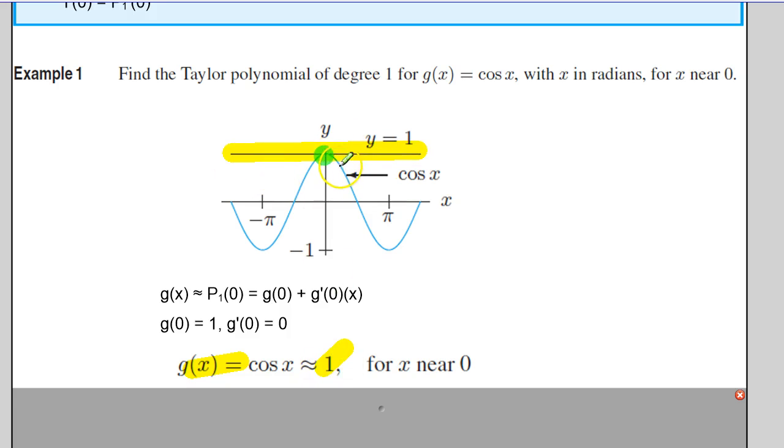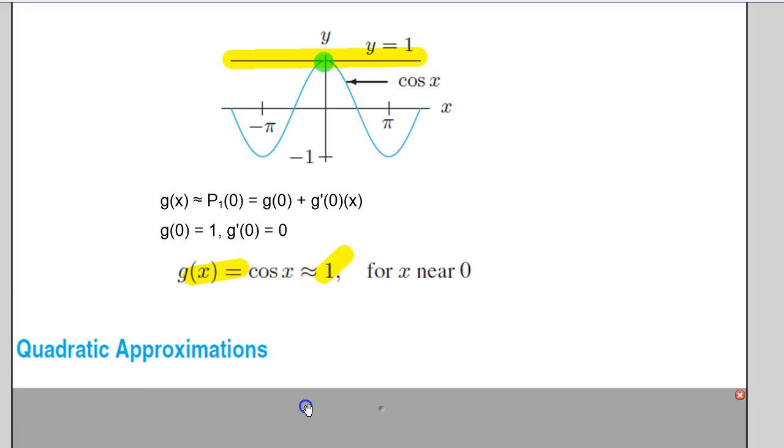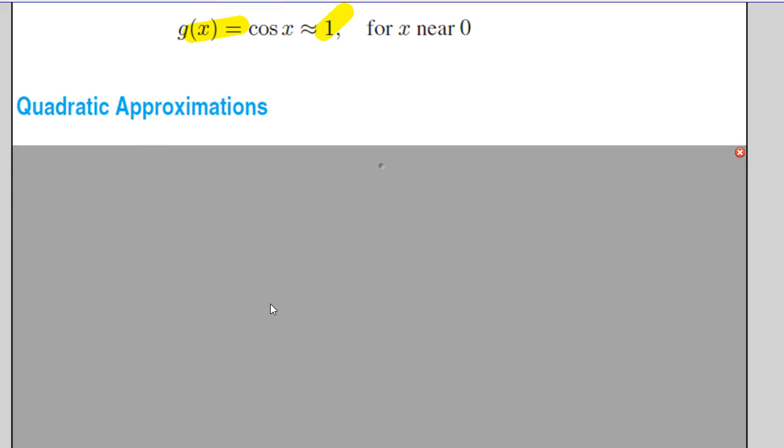And as you can see, as x values get farther away from 0, the tangent line, or the Taylor polynomial, is no longer a really good estimate. So let's take a look at a way to get a better estimate, which is the quadratic approximation. Now, some of you are saying, we didn't do that, we did not do quadratic approximations, but we can go ahead and do it now.